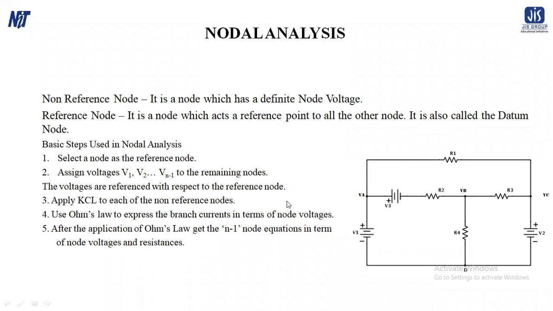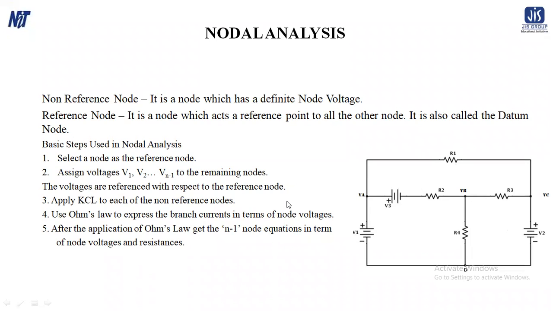A non-reference node is a node which has a definite node voltage. The reference node is a node which acts as a reference point to all other nodes. It is also called the datum node. The basic steps used in nodal analysis: number one, select a node as the reference node.